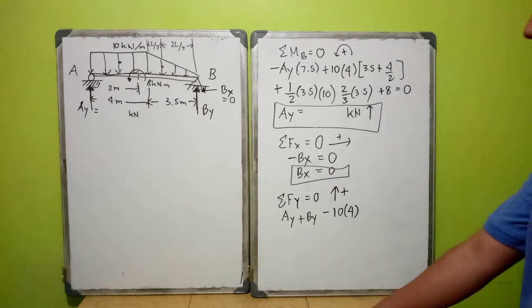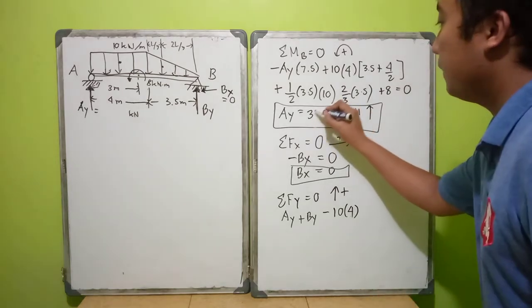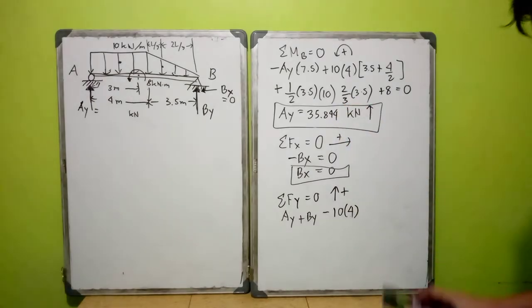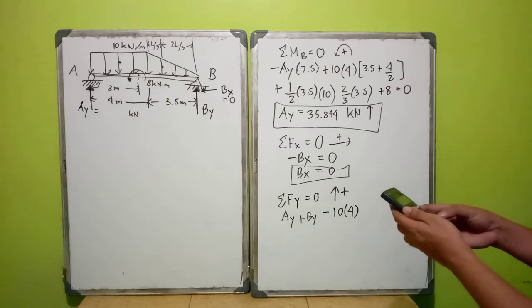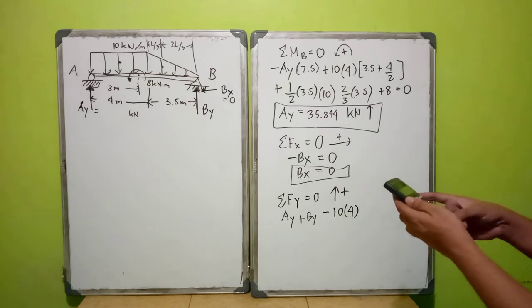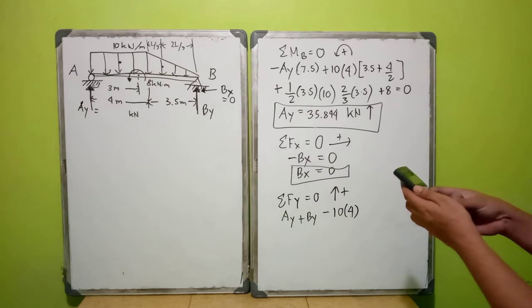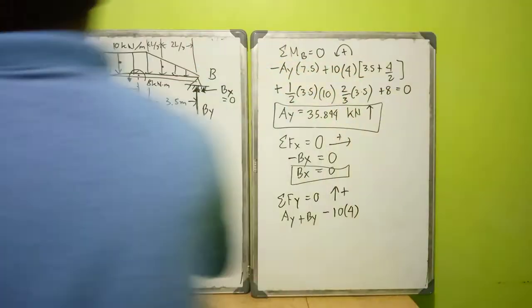So it should be 35.844. Let's check. Okay, correct, 35.844.